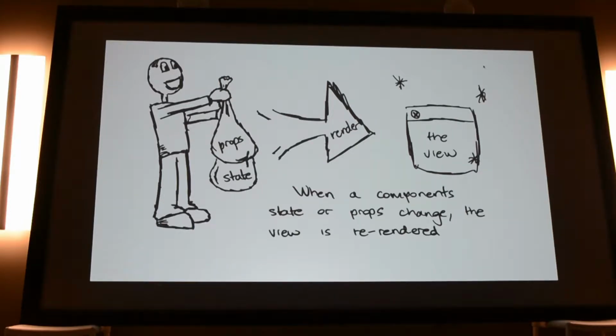That's the same, again, in React and Vue. So the view is a function of props and state. State is the internal data that a component relies on and uses, and props come from the outside, like I said before. These two things make up what a component renders.